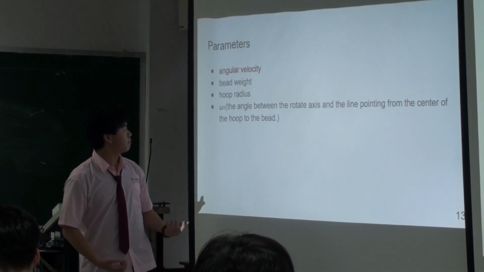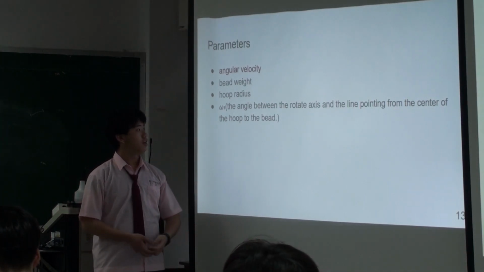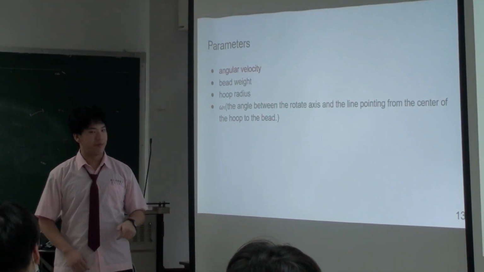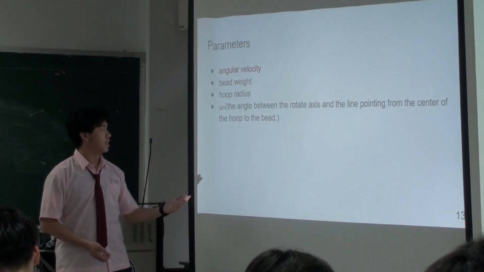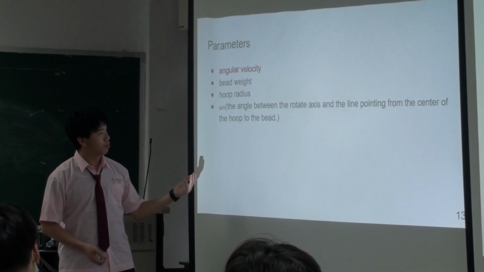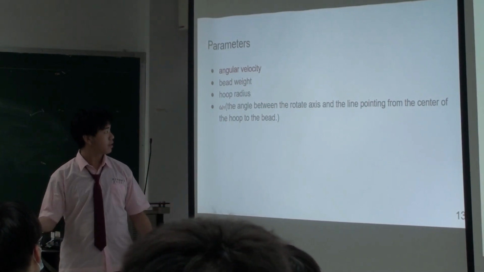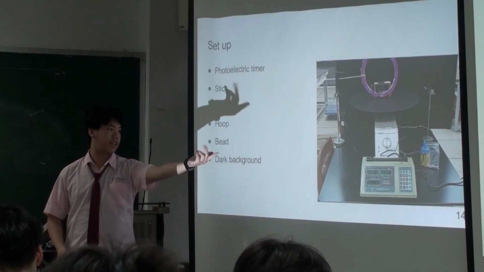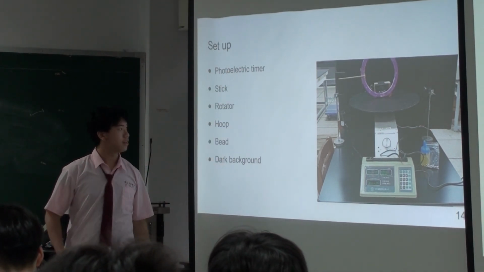The possible parameters are hoop radius, weight, and so on, but in this experiment we will focus on the angular velocity and omega 1. This is the setup. It will look like this.